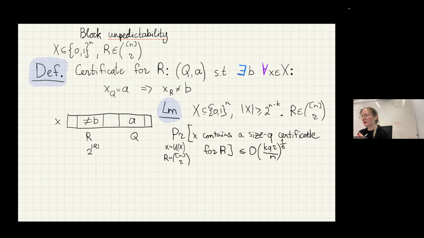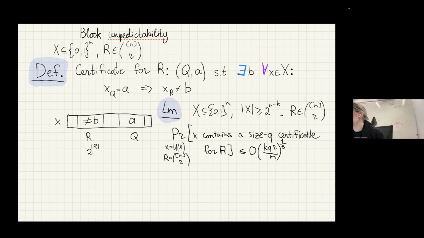So if we look at the parameters, you can see that this is one of the places where the 1/3 in the lower bound comes from. You can say that K, the loss in size, is n to the 1/3, and the size of certificate that we're asking for is n to the 1/3, and the size of block that we don't want to be able to predict is also the same.